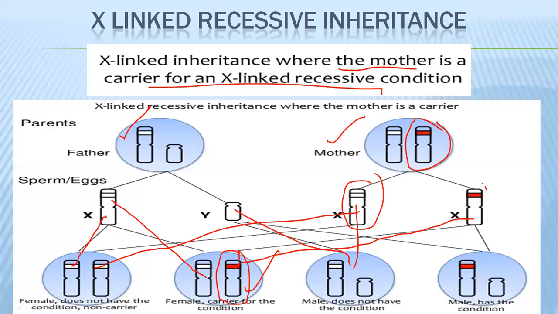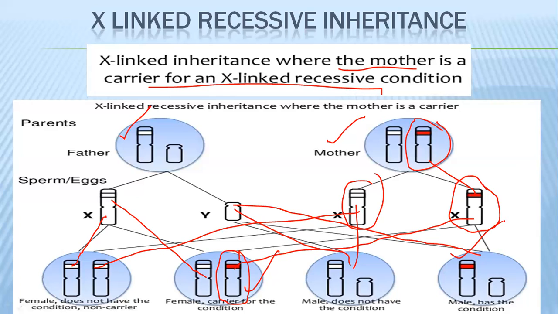So if this carrier X chromosome moves from the female and this Y from the male, what will happen? The male has the condition. It means the person will suffer from the disease, whether it is color blindness, hemophilia or muscular dystrophy.